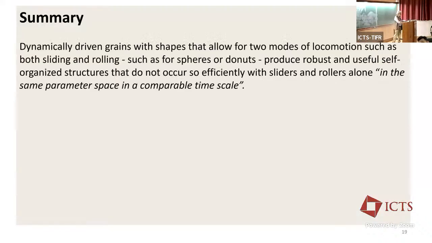So the summary is that dynamically driven grains with shapes that allow two modes of locomotion, such as both sliding and rolling, such as spheres or donuts, produce robust and useful self-organized structures that do not occur so efficiently with sliders or rollers alone in the same parameter space in comparable times.